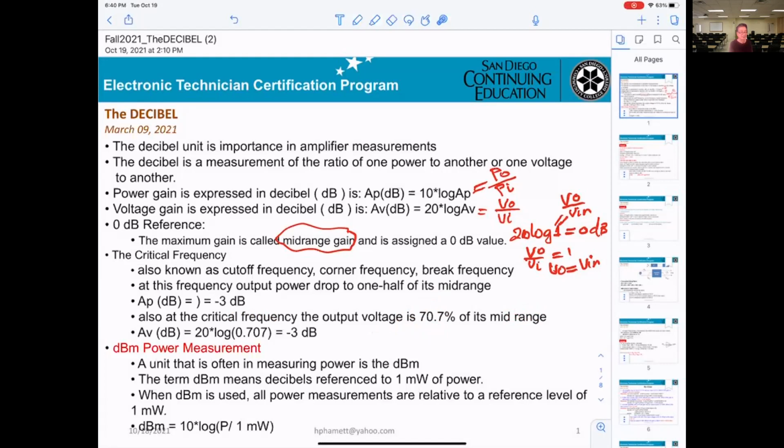Okay? If you're doing the calculation, AV, you take 20 log of 0.707. That means 70.7%. You get minus 3 dB. That tells you that at a critical frequency, the output will go down 3 dB.